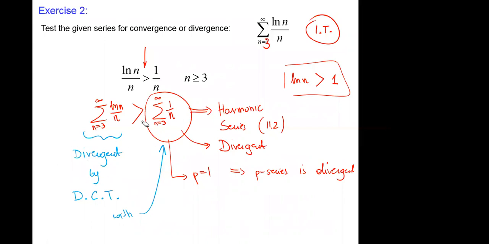Not divergent because it's harmonic, or divergent by the p-series test. No. I could also say divergent by the integral test. That's actually correct, but that's the topic from yesterday, because we may use different tests, depending. It's also a true statement that it's divergent by the integral test. We did this yesterday.